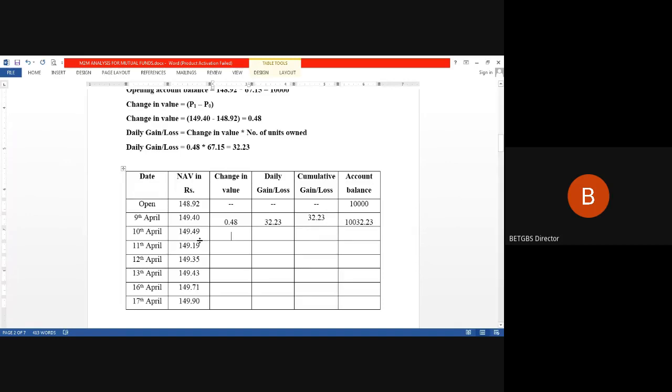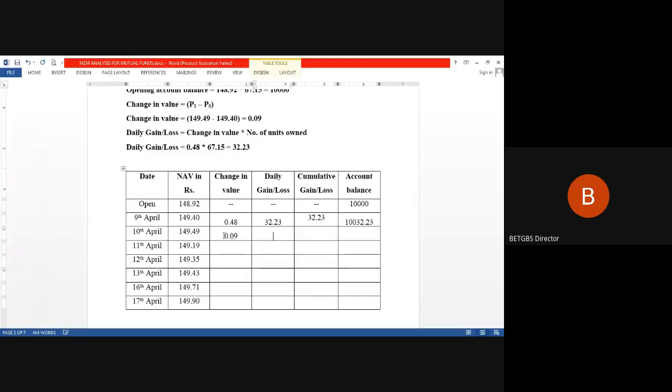But when we do it on the 10th of April, this will become P1, that is 149.49, and your P0 will become the previous one, because you have to take it successively. It is not that you always have to take the opening balance as 148 only as P0. It goes on changing every day. So P0 is now 149.40.